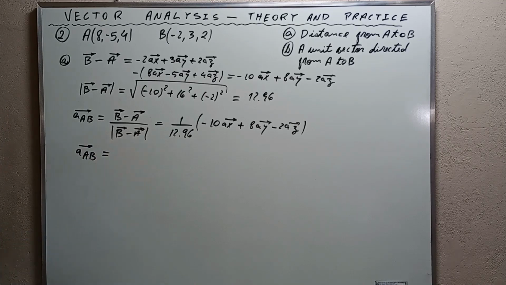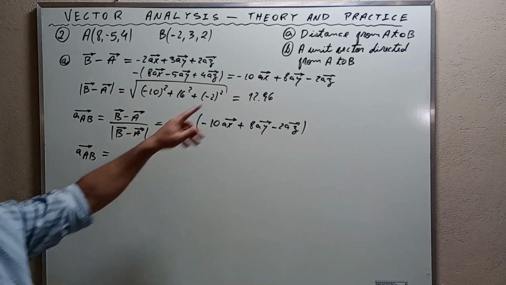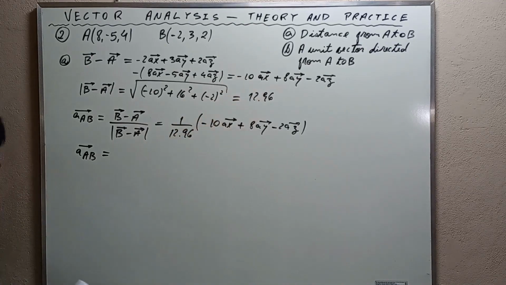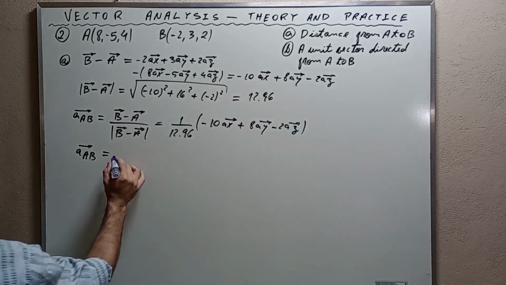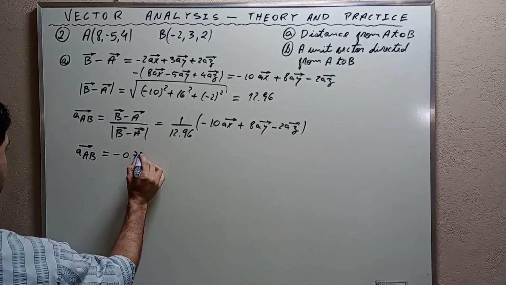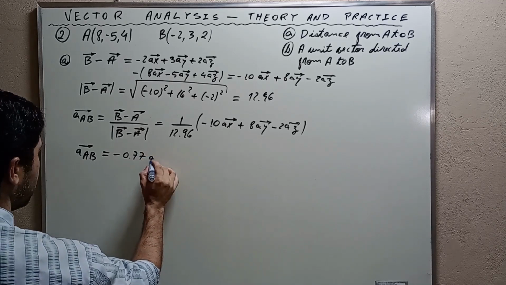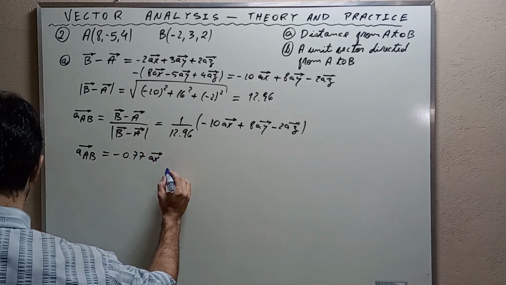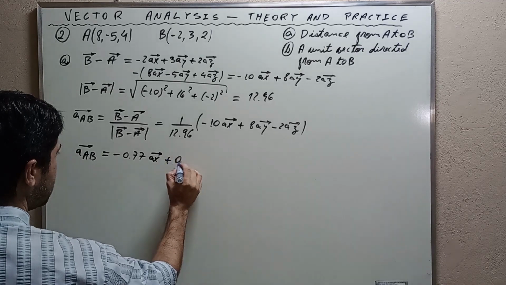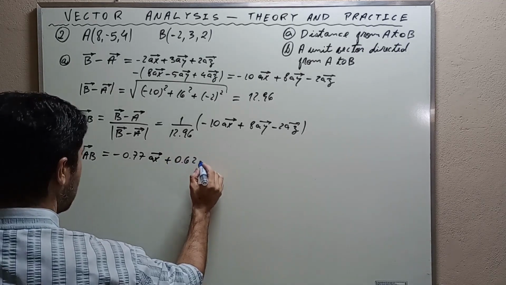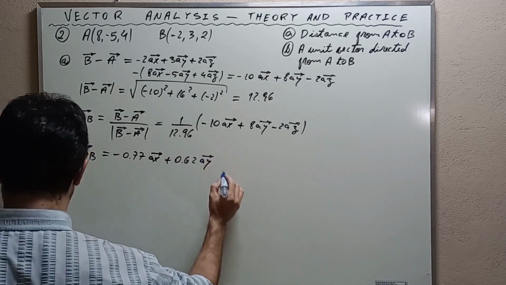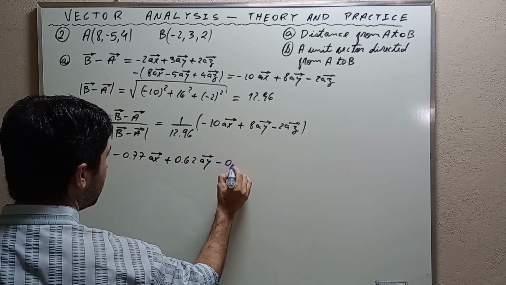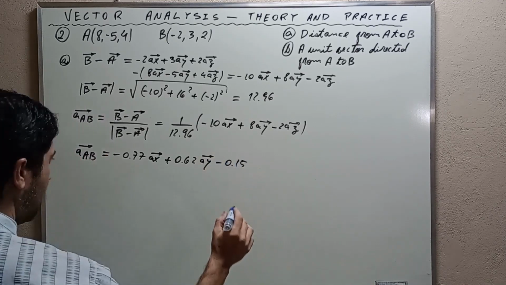and this gives a vector such as the unit vector in the direction of this vector here is plus 0.62 ay minus 0.15 az.